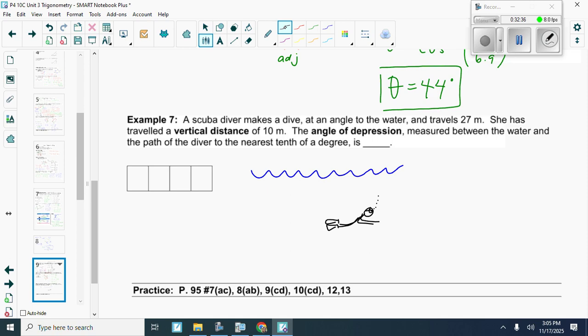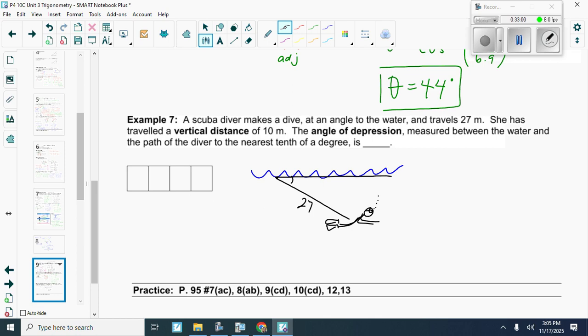The scuba diver makes a dive at an angle to the water and travels 27 meters. So if we started here, he's traveled 27 meters. At an angle to the water, so this is the angle he's talking about.